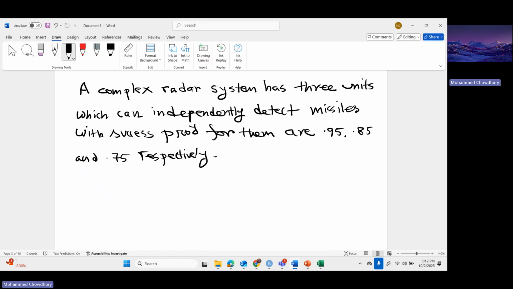By reading this one sentence, I want you to find one word that will give you the clue. You understand? Quite good. What's the word? Independently. Understand? Independently. So independently detect.